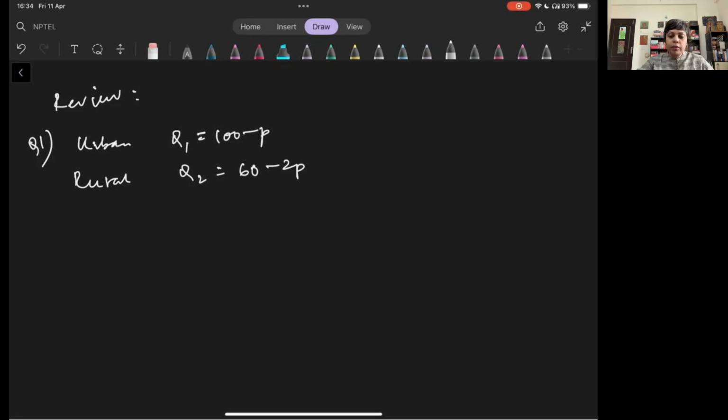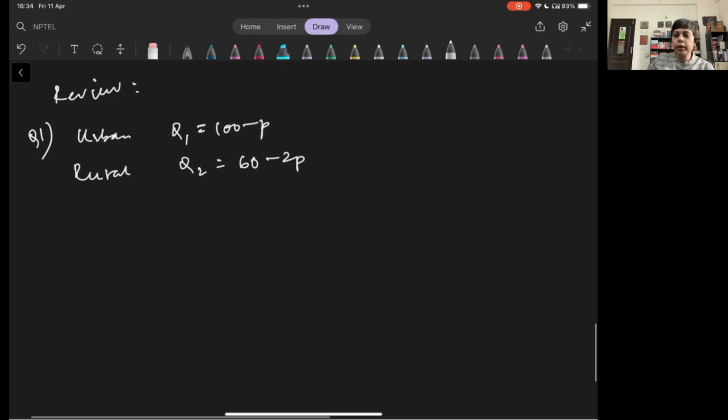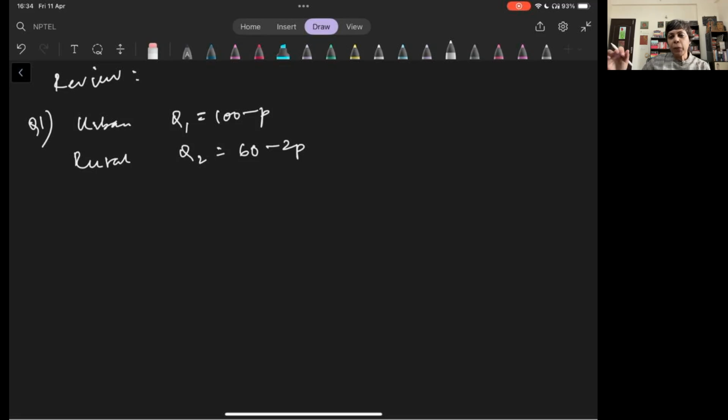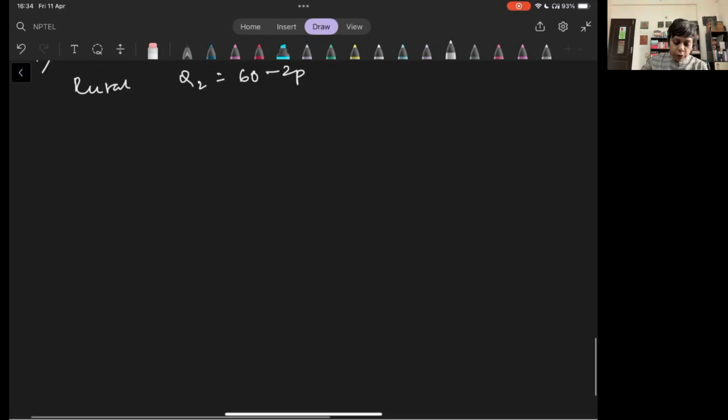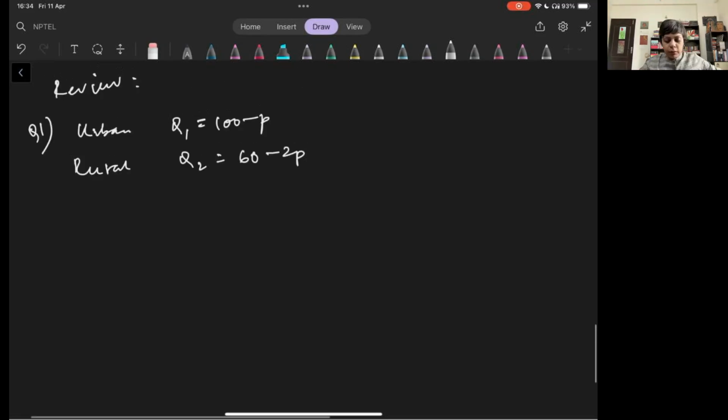So the first thing, if you remember, what we want to find out is at what price the quantity Q1 and Q2 is going to be greater than or equal to 0. Horizontal summation means we are taking a sum of the values horizontally on a demand curve. I will draw it also, but let me first solve this part.